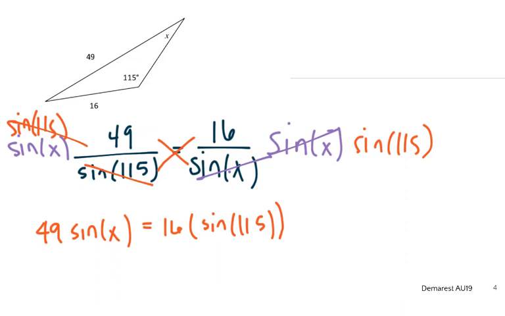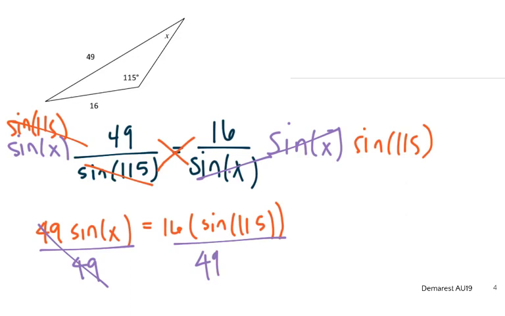So the logic behind cross multiplying is really just multiplying both sides by the opposite denominator to eliminate them. So now once we have this, the next step we'll take to isolate sine of x is dividing both sides by 49, right? It'll cancel over here, and you'll have that.